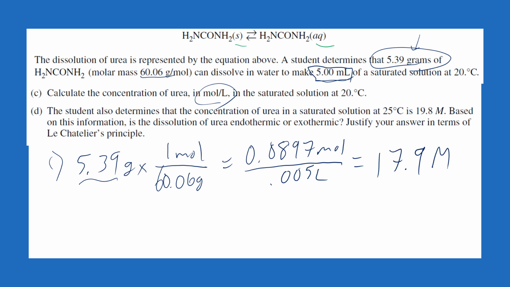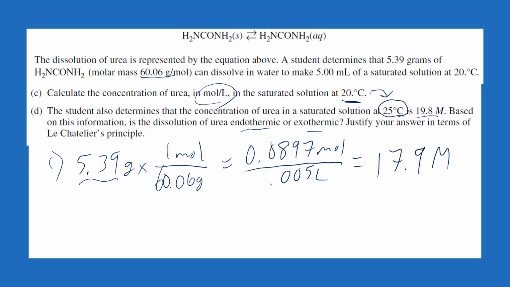And then the student determines that the concentration in a saturated solution at 25 degrees Celsius, so we're changing temperatures now. So at a higher temperature, it's now 19.8. Is the dissolution endothermic or exothermic, and justify in terms of Le Chatelier's principle. So we're saying at higher temperatures, it dissolves more.